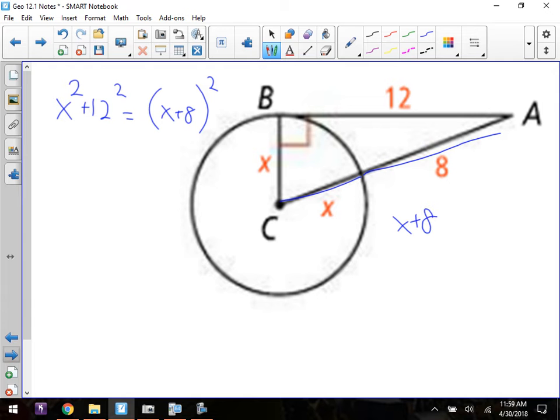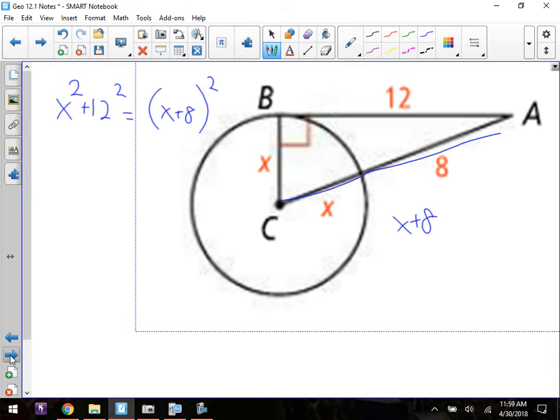Now this is where most of you guys will screw up. When you have what's called junk squared, that means junk times junk. One of the things that most students will mess up: junk squared is junk times junk.